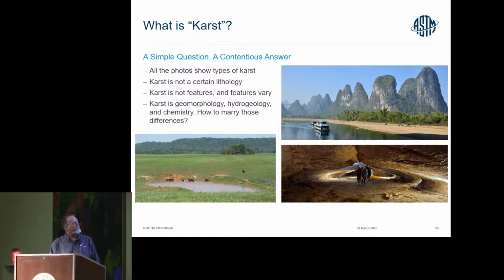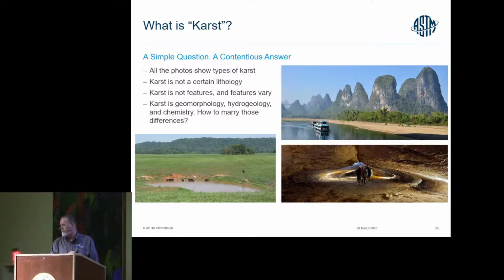All these photographs show different forms of karst. At the top right, we have tower karst. We have a cave, and we have a sinkhole. Karst is not just one type of lithology, and it's not the features that result.